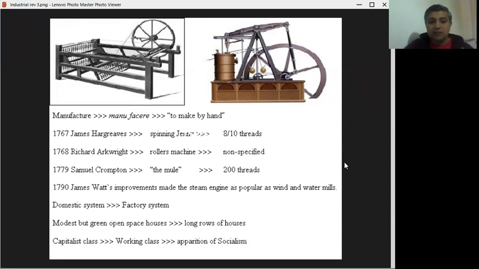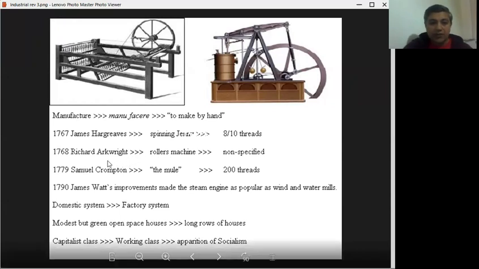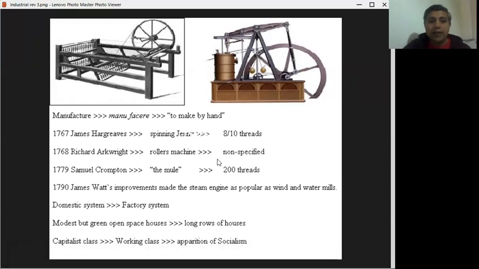So in 1767, James Hargreaves developed the spinning jenny, with the capacity of 8 to 10 threads of wool. After that, Richard Arkwright developed a roller machine with a superior capacity, but it's not specified here. And in 1779, Samuel Crompton developed the mule, with the capacity of spinning 200 threads with one operator.